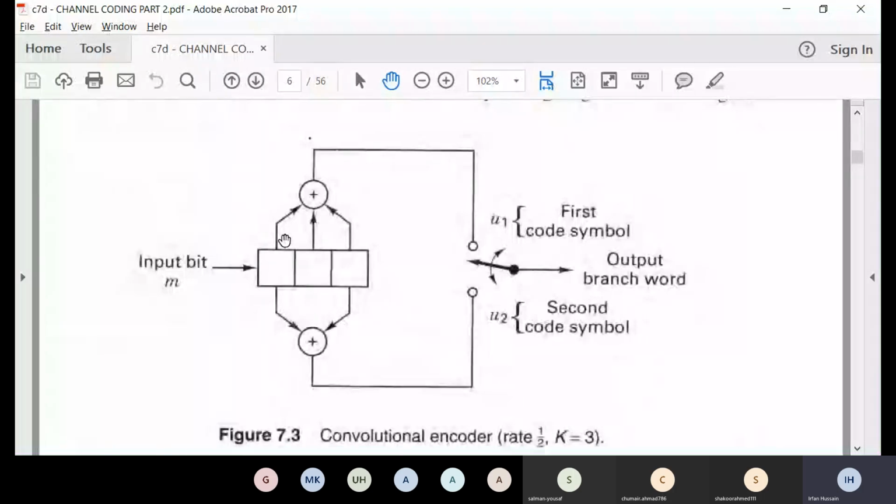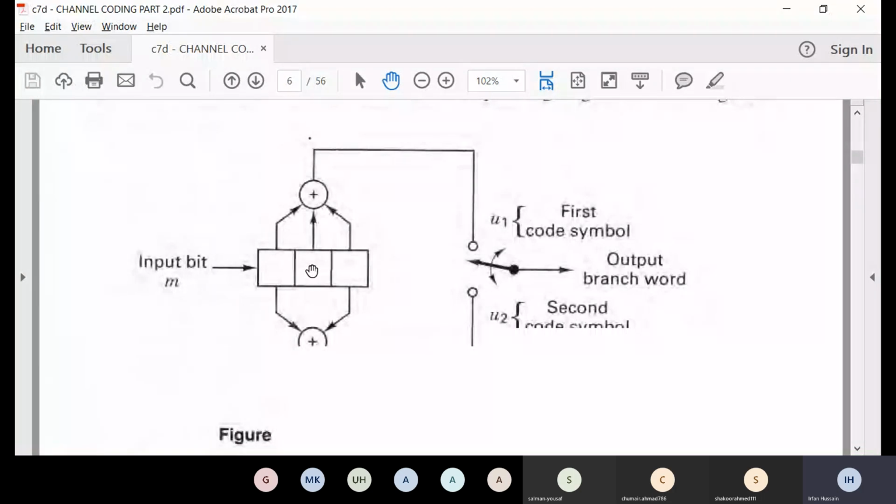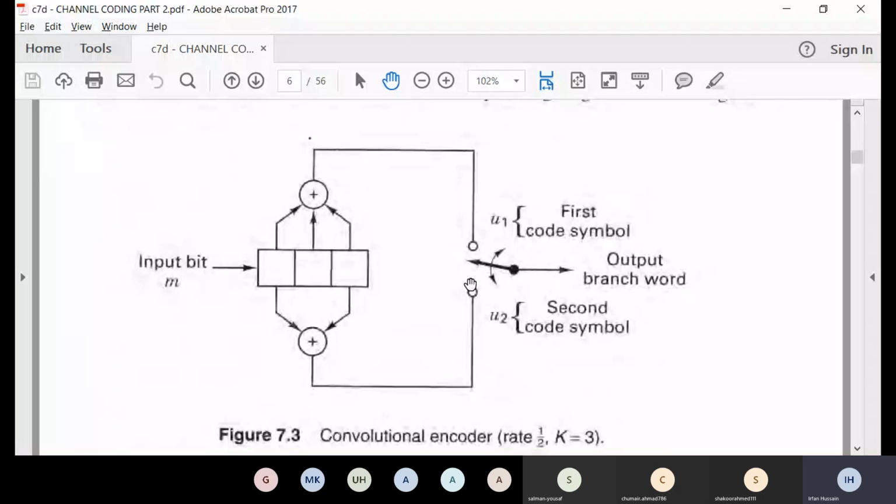So first will be 1 plus 1 plus 1, 3, which is 1 in modulo 2. The second will be 1 plus 1, which is 0. So you will get 1, 0 as the output. So you can see you're putting in one bit and you are getting two outputs. So it is a rate 1 over 2 convolution encoder, and in this case, you can say it has 3 stages, like K equal to 3.